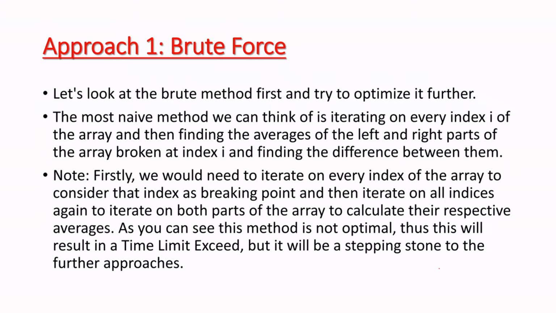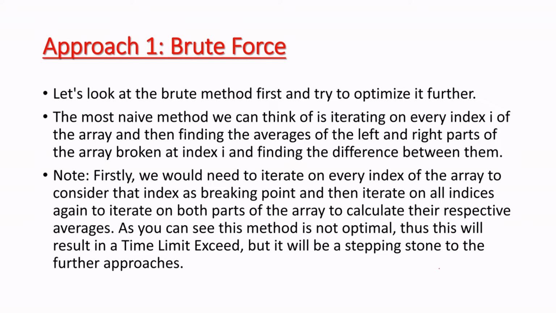The most naive method we can think of is iterating on every index I of the array and then finding the averages of the left and the right part of the array broken at index I, and finding the difference between them. Firstly, we would need to iterate on every index of the array to consider the index as a breaking point, and then iterate over all the indices again to go over both parts of the array to calculate their respective averages.